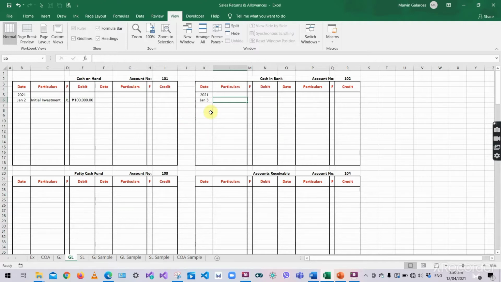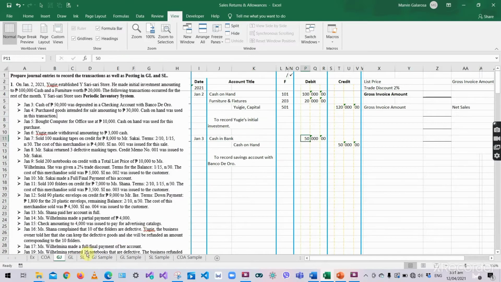Sa particulars, establishment, lagyan na natin savings account with Banco de Oro. Journal 1, folio. Debit is 50,000.